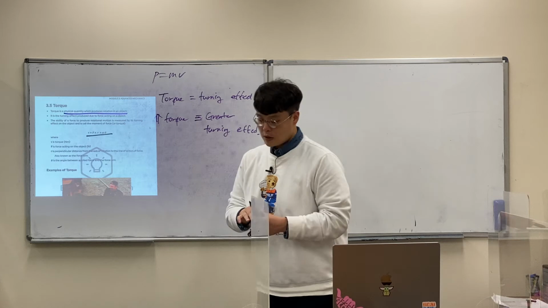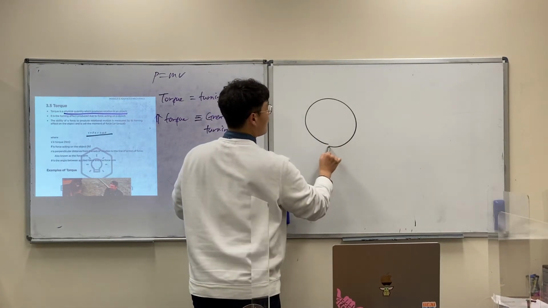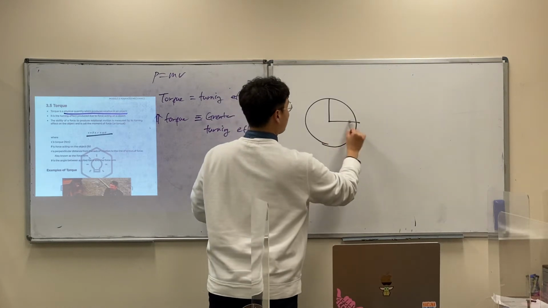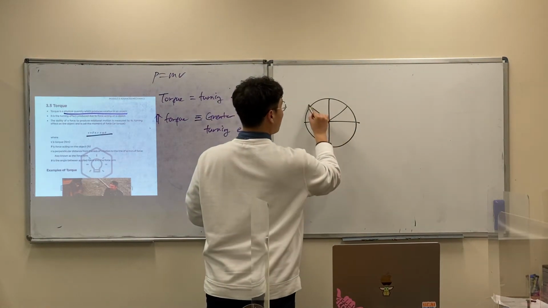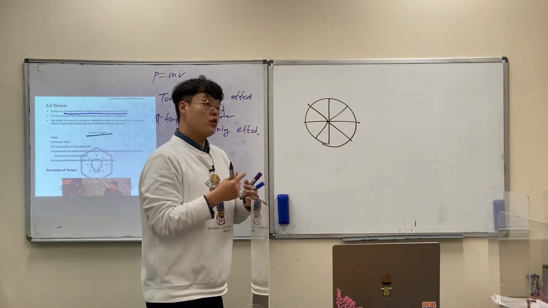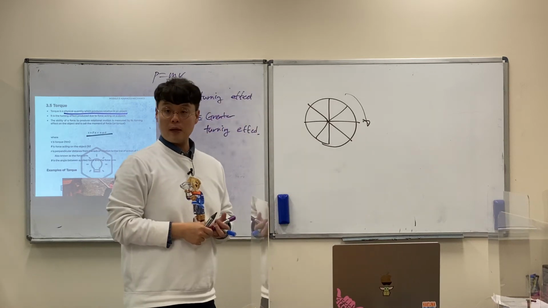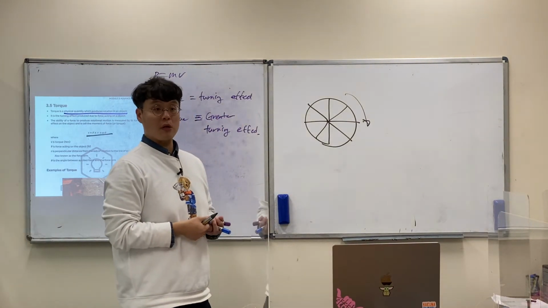Then let's think about the situation where we have a rotating wheel. There's a wheel like this. What I want to do here is rotate it rapidly, using the torque turning effect.